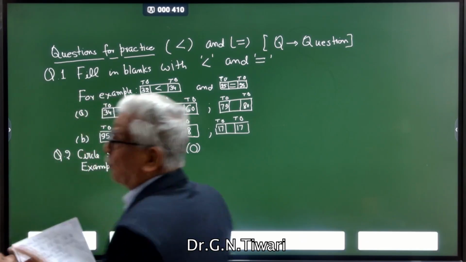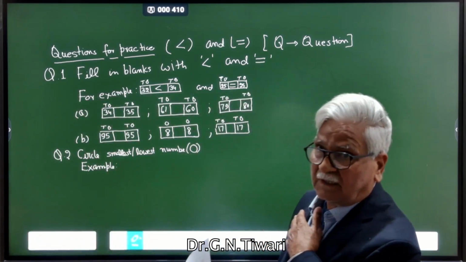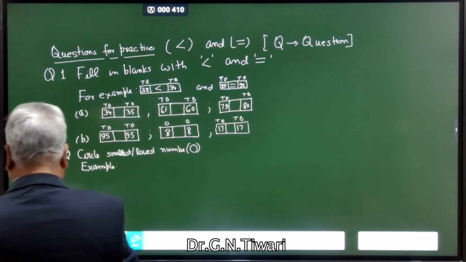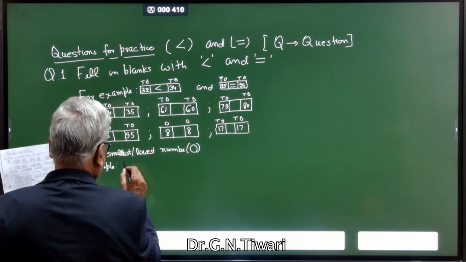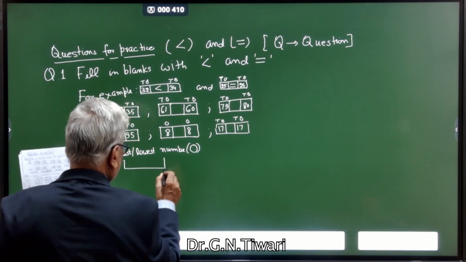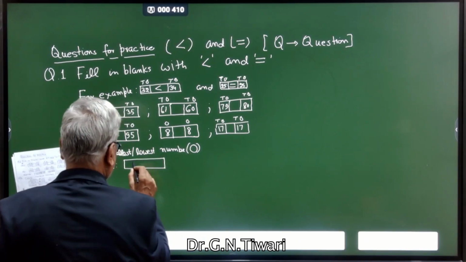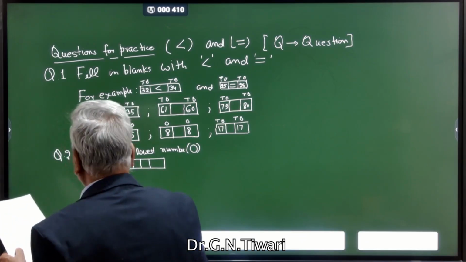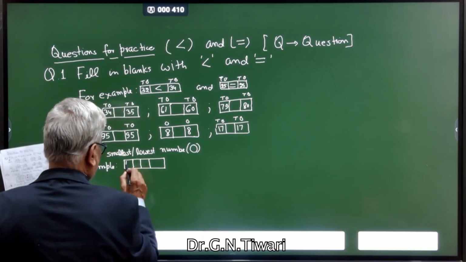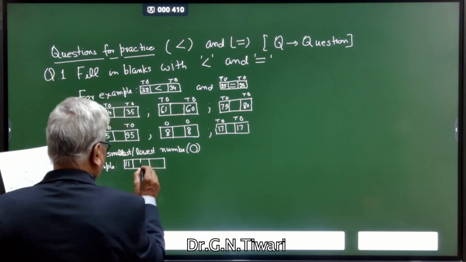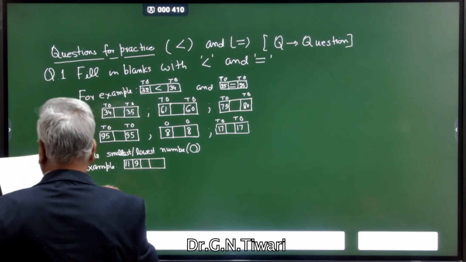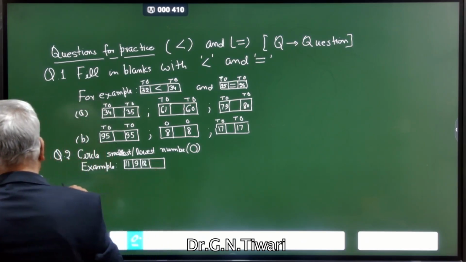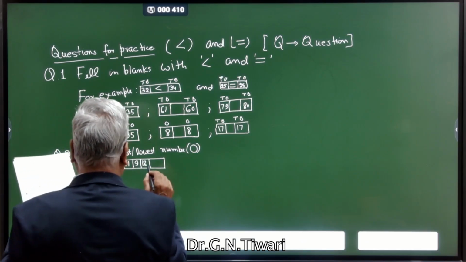You can make more than 3-4 blocks and that many numbers. For example, I am making 4 blocks. Like this. Then I am making 11 first, then 9, then 18, and 2.